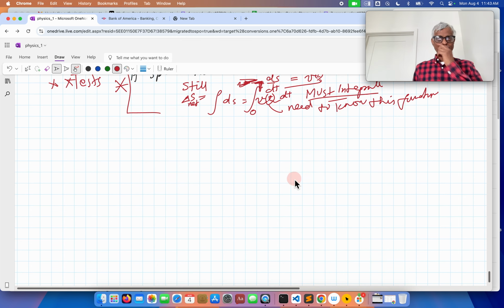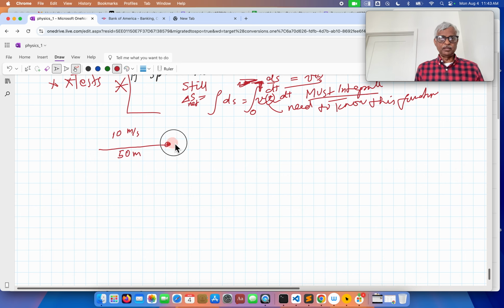Okay, let me give you an example. Maybe you went 50 meters at 10 meters per second, and then you went another 50 meters but went 20 meters per second.